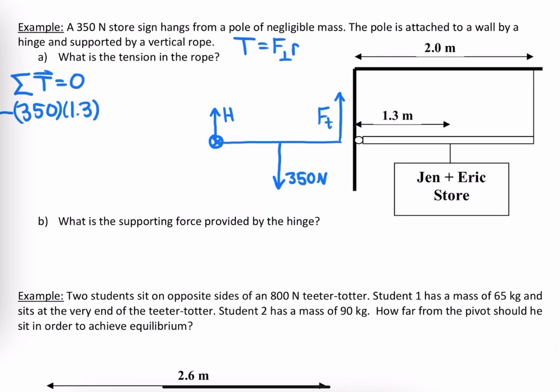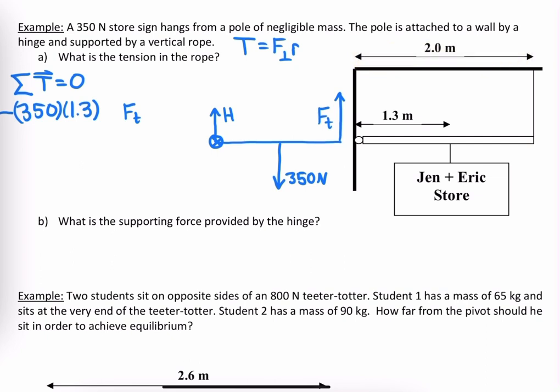Okay, I've got one more force that might create a torque, and that's this guy over here. So the force is Ft. And remember, I have to take that force and multiply it by the distance from the pivot. It happens to be a distance of 2 meters from the pivot.